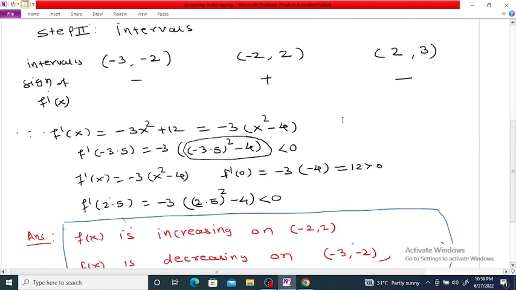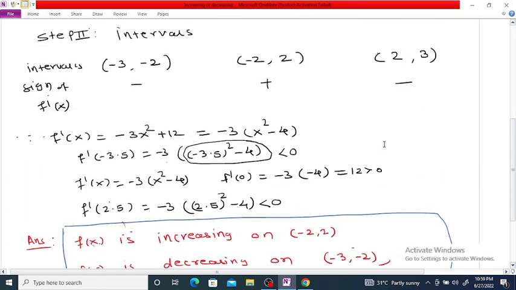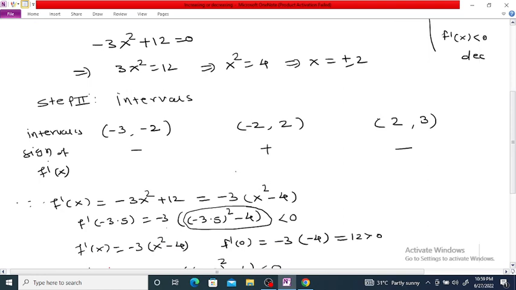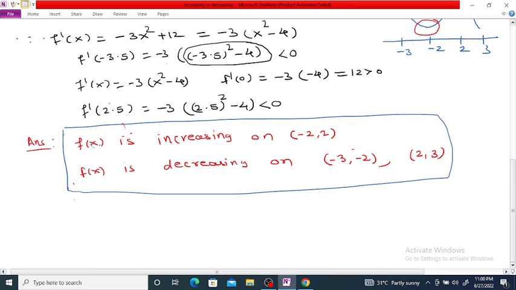From this you can observe that if you draw here minus 3, minus 2, then 2 and 3, the function is decreasing on minus 3 to minus 2, increasing on minus 2 to 2, and again decreasing on 2 to 3. So you can see that 2 is a relative maximum, and this minus 2 is a relative minimum.